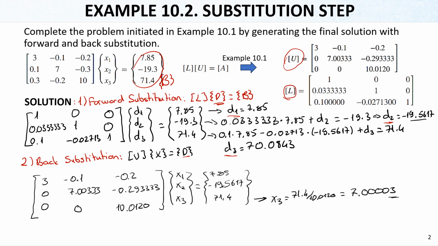So let's back substitute this to the second equation. And if we multiply the second row by this column, it will be equivalent to this one.